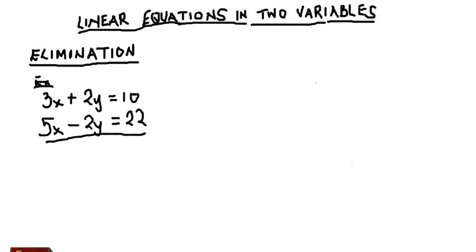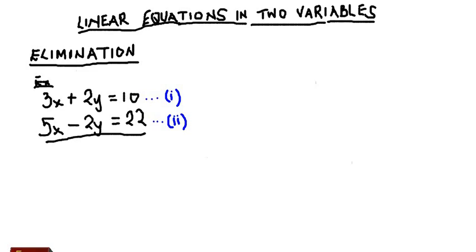The two equations that we've been given, we can call the first one equation 1, and we can call this second statement equation 2. So we can see that we are dealing with linear equations in two variables.